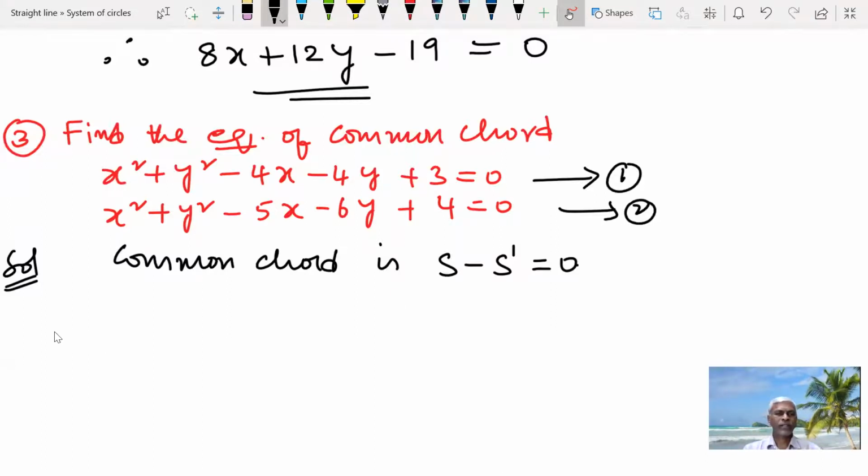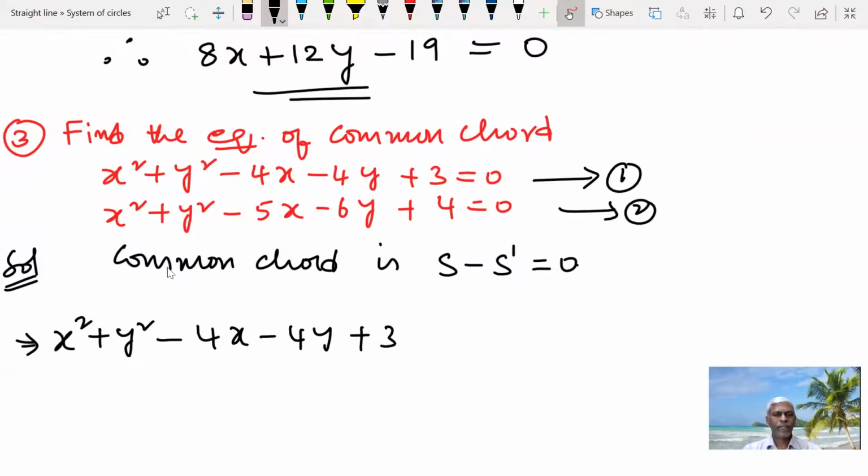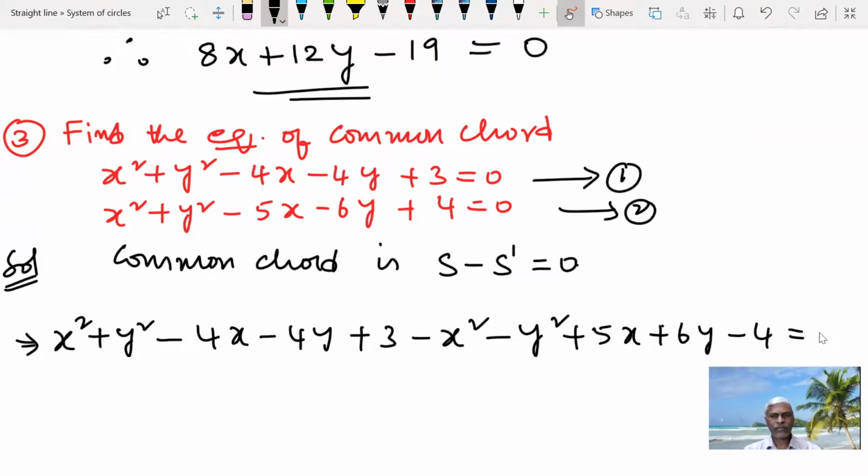So here if we subtract, x square y square minus 4x minus 4y plus 3, subtracting the second circle x square y square minus 5x minus 6y plus 4, the signs change, x square y square will get cancelled.